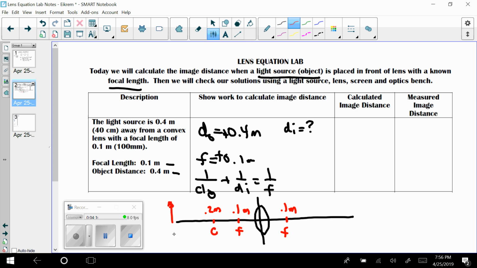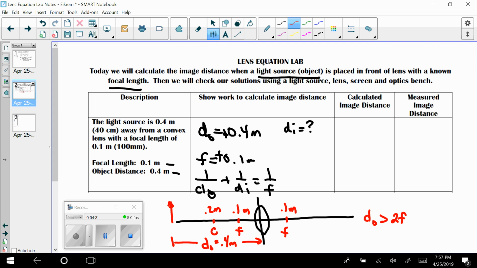And the dO from here back to the lens would be 0.4 meters. So in this case, the dO is greater than C, or 2F.